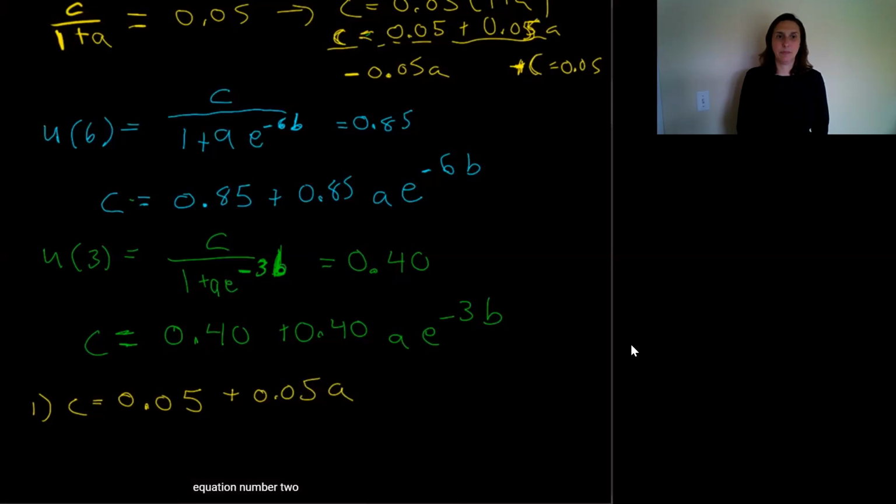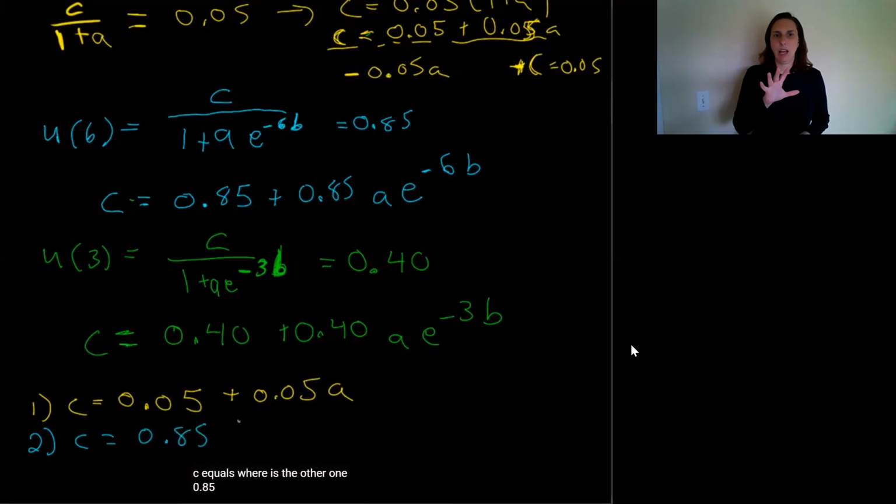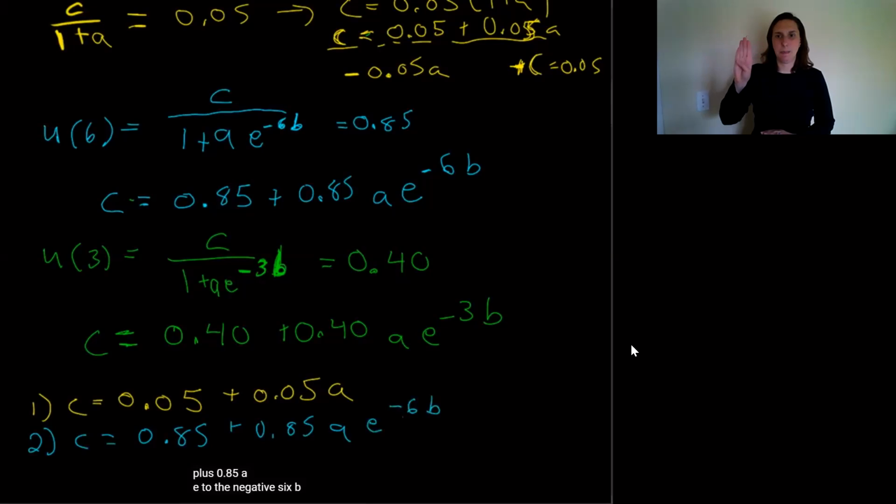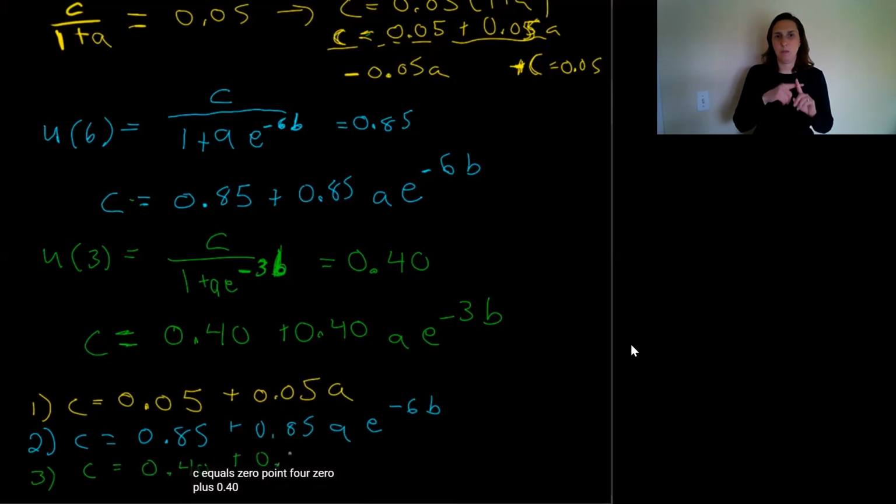And equation number 2, c equals 0.85 plus 0.85a e to the negative 6b. And equation number 3, c equals 0.40 plus 0.40a e to the negative 3b.